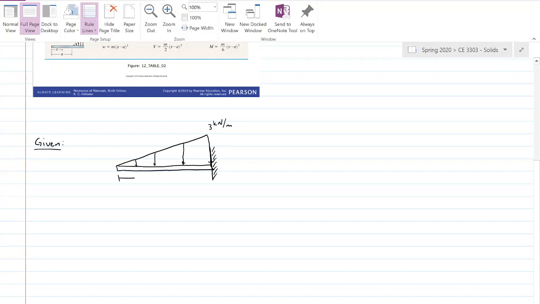My cantilever is going to be 12 meters in length, and I've got it fixed all the way over here at A. I wish to find the equation for the elastic curve using singularity functions.